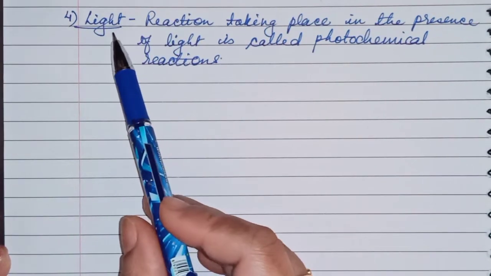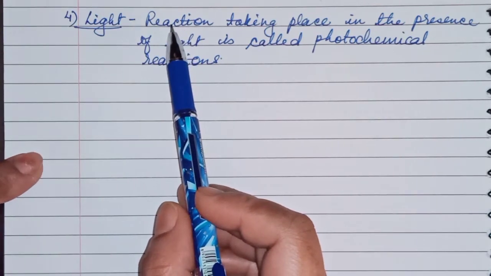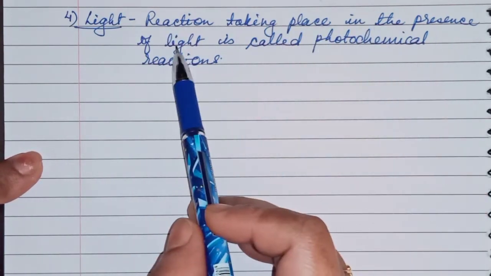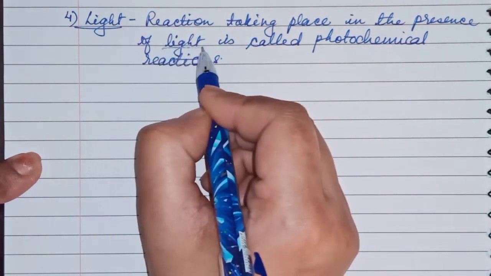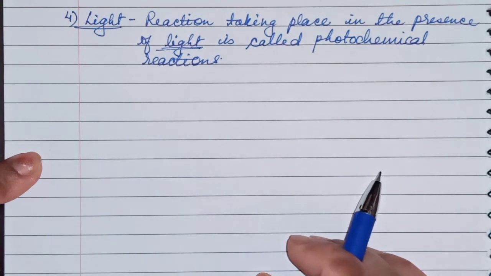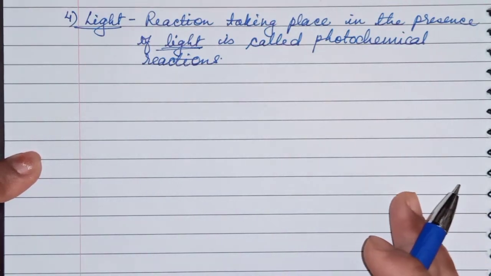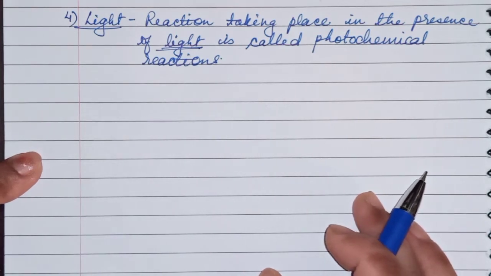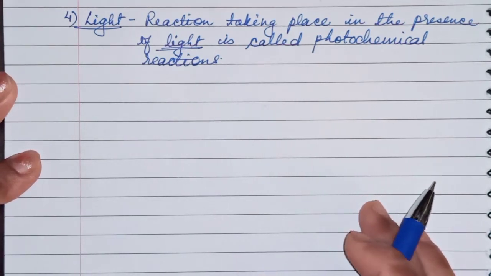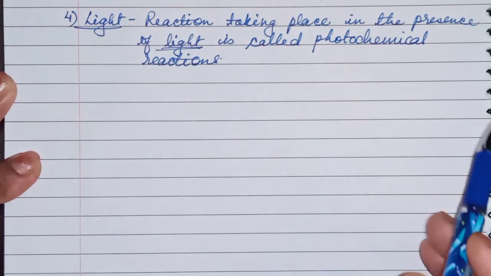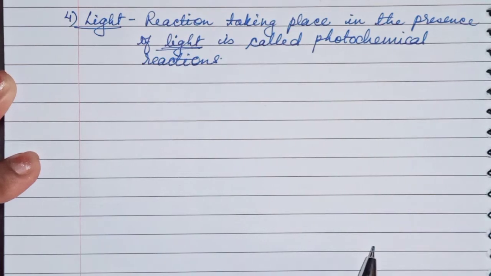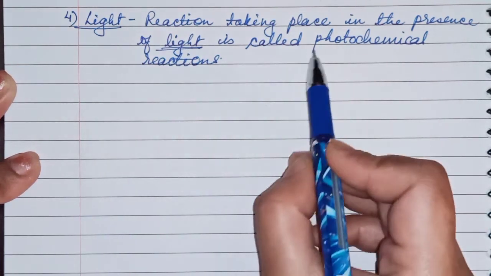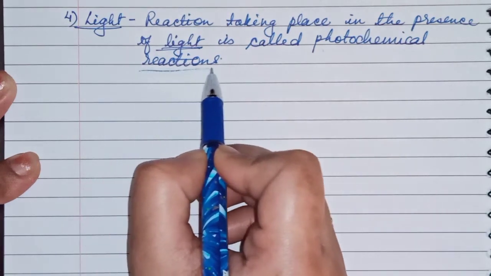Now next is light. A reaction that takes place in the presence of light is called a photochemical reaction. Children, you have all seen that some compounds or medicines are kept in dark bottles. Why are they kept in dark bottles? Because if they come in contact with light, they will start reacting and their composition will change, because a photochemical reaction will take place inside.